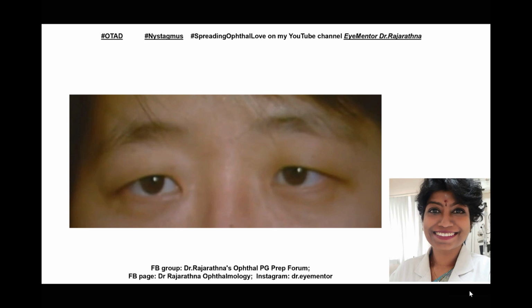Now let's take a look at this nystagmus where the patient had a history of encephalitis involving the brainstem, predominantly involving the medulla.